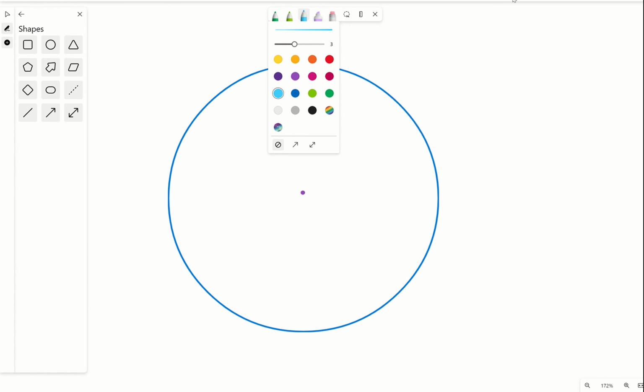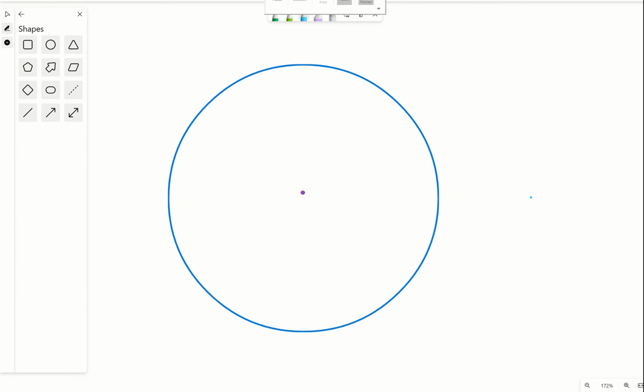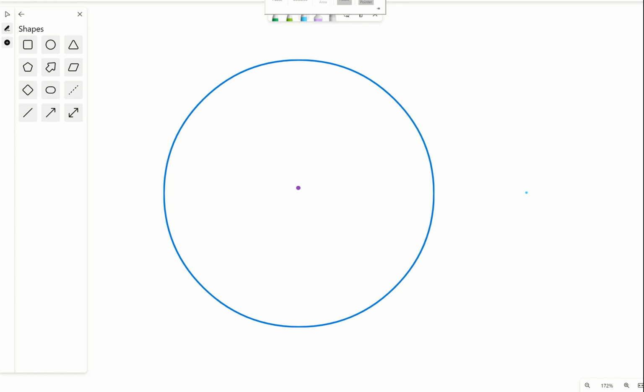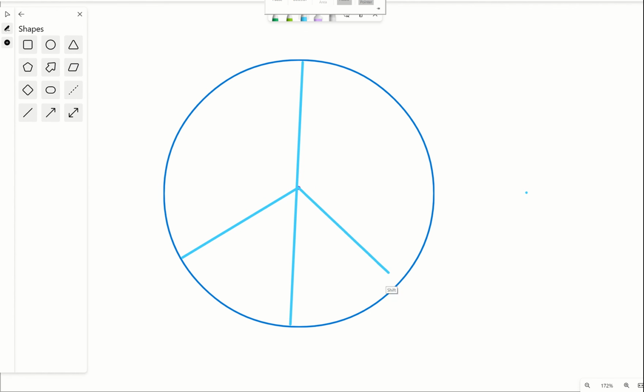All right, let's add in some lines and some points. There we go.